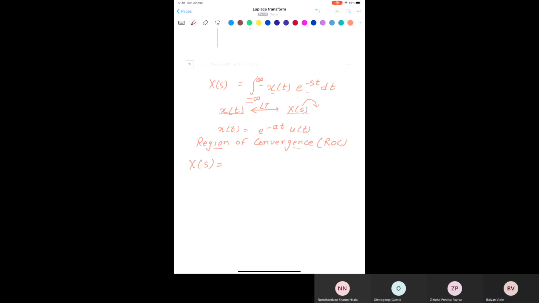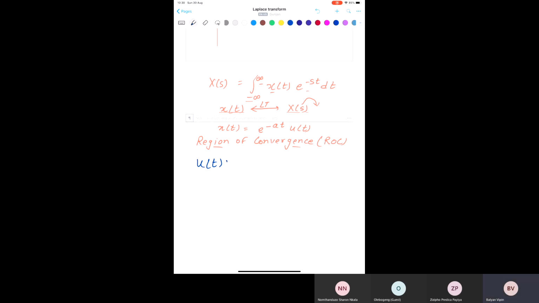Now I don't know whether you remember u of t or not, but I'm explaining again here. Let's say your u of t is your unit step function.